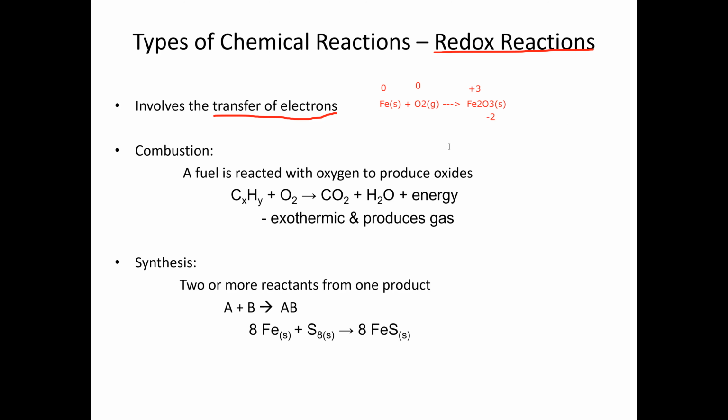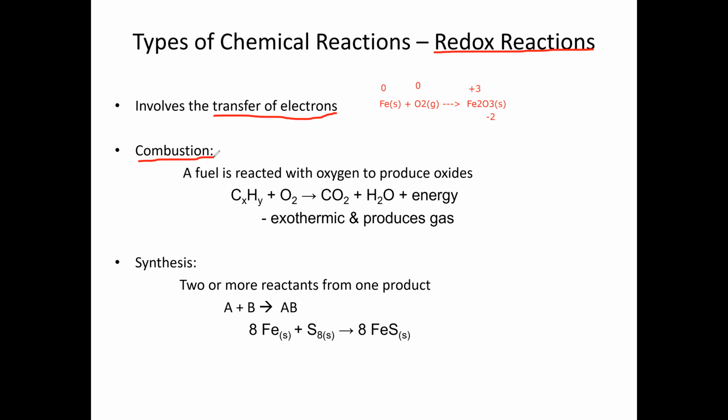Since there's a change in the oxidation number of the different elements, then we have electrons being transferred. Redox reactions are used in a variety of different applications, especially batteries. Batteries are redox reactions. So the first type of redox reaction is a combustion reaction.